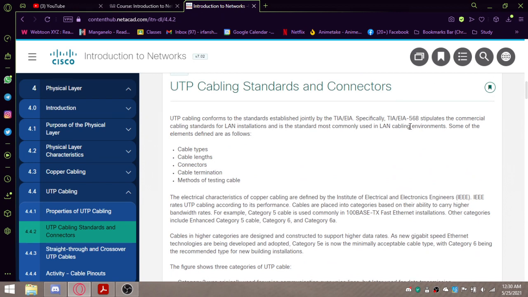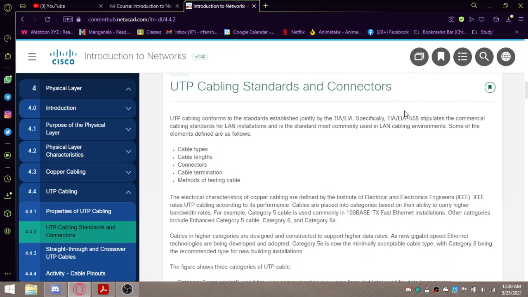And now, UTP cabling standards and connectors. UTP cabling conforms to the standards established jointly by TIA and EIA.